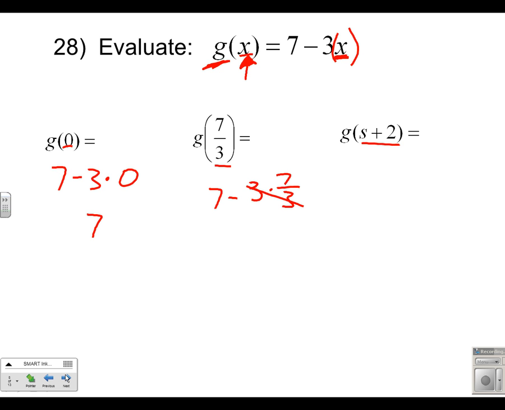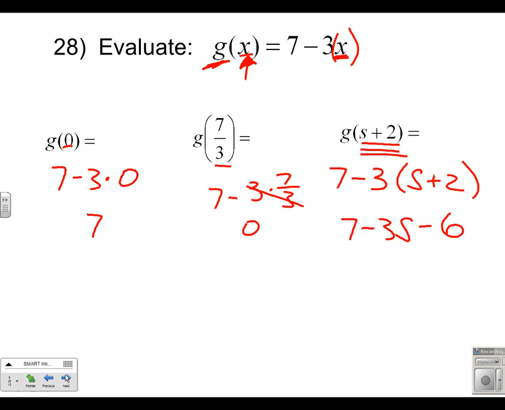Of course, that's 7 minus 7, 0. And g of s plus 2 is 7 minus 3 times the thing, s plus 2. So that is 7 minus 3s minus 6, or negative 3s plus 1. Pretty simple.